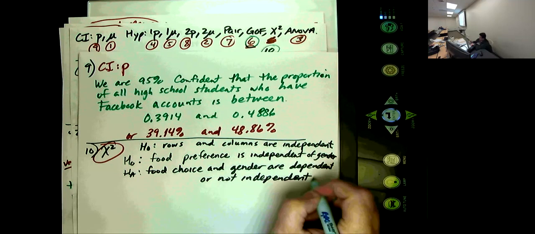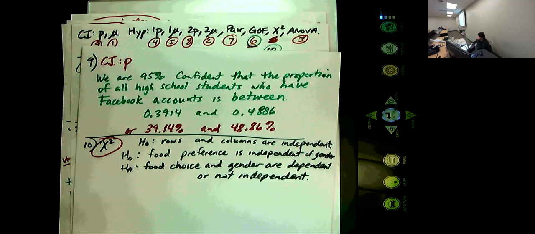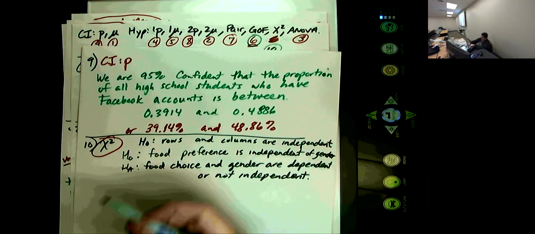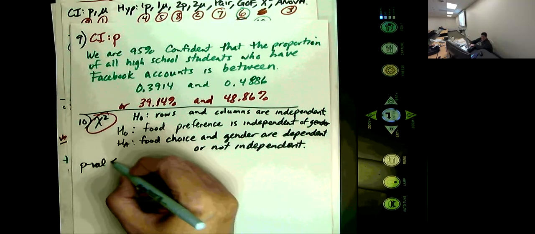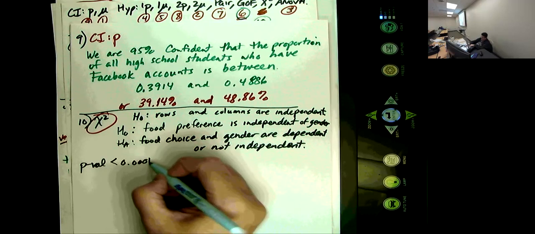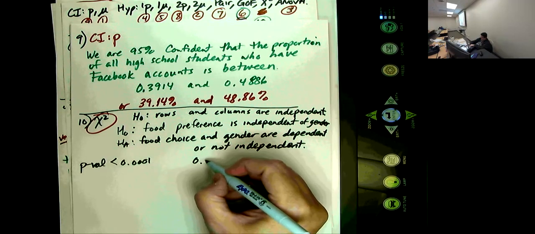Which might be easier for people to remember, independent or not independent. P-value is less than 0.0001. Alpha is listed as 0.05.